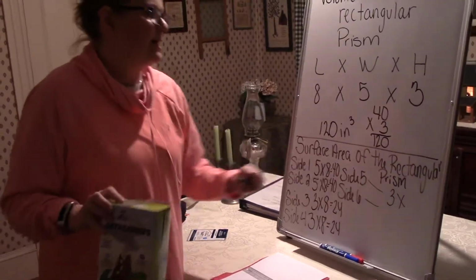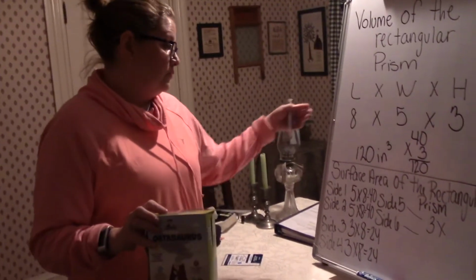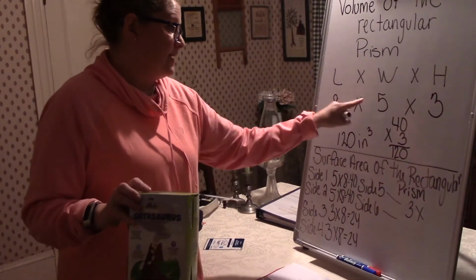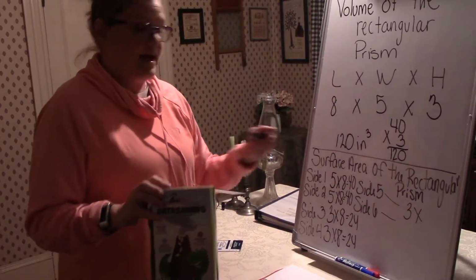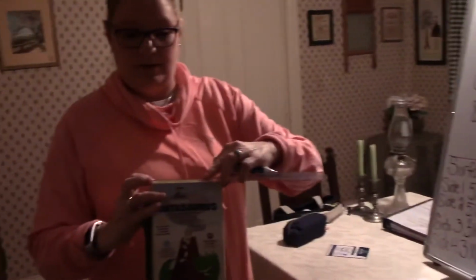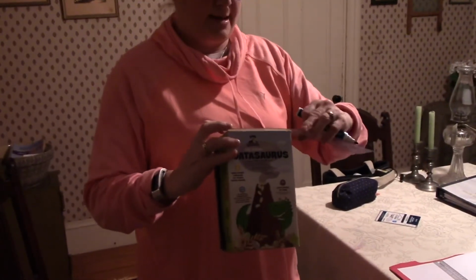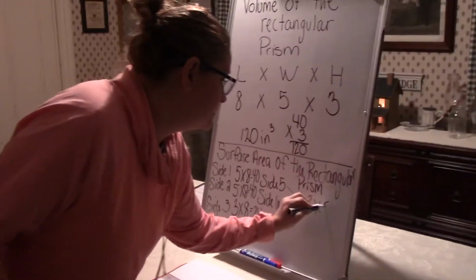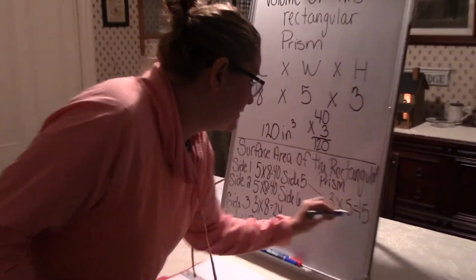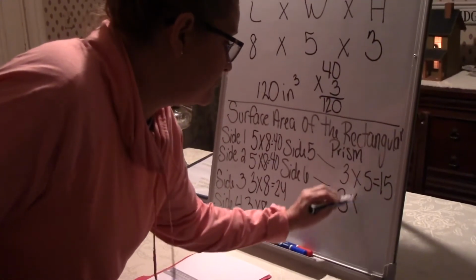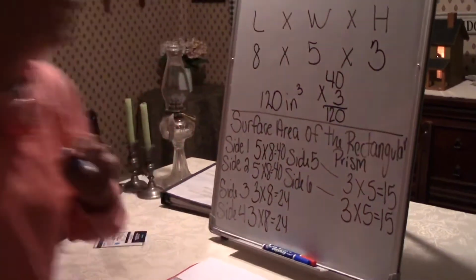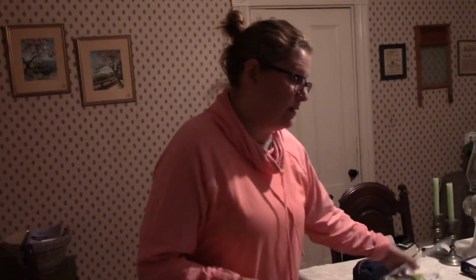We need a 3 by what? Well, we did a 3 by 8. We've done a 5 by 8. But what we haven't multiplied together would be the 3 by 5. And again, there's 2 matches to every face to make up the rectangular prism. We have the area of all the faces of this rectangular prism now.